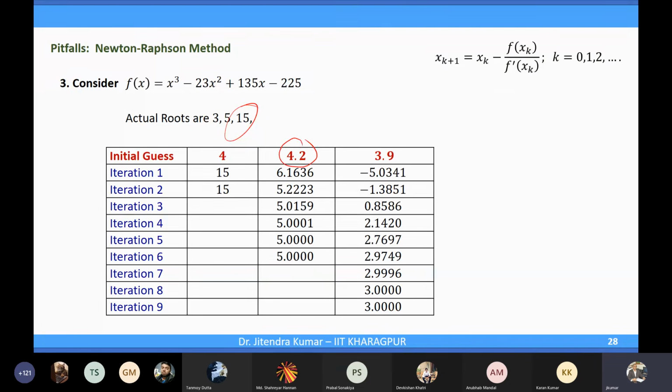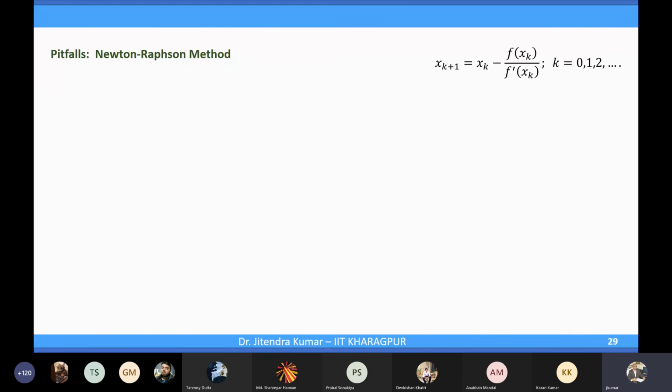Now you change it to 4.2, slightly perturbing this value, and then you get to 5. And if you take 3.9, then you get to 3. So there is no unique way of defining that you take this initial guess and you will converge to that particular root.